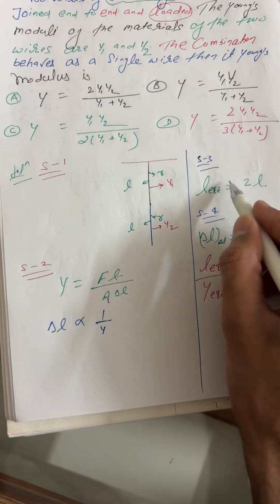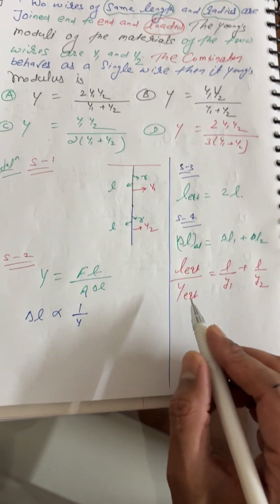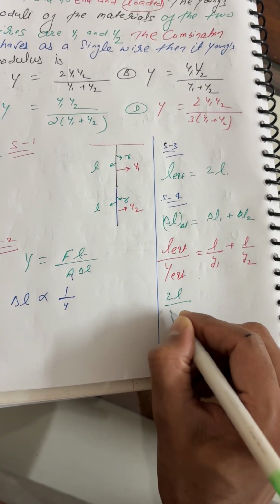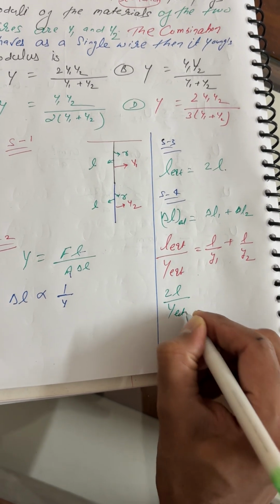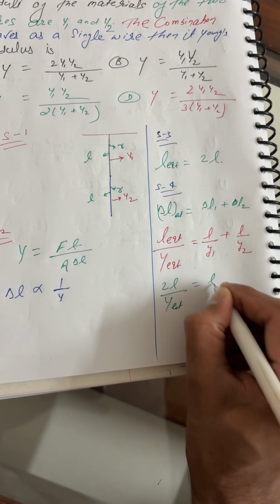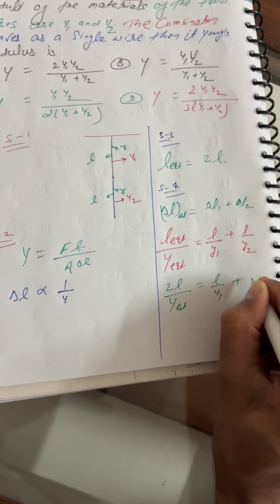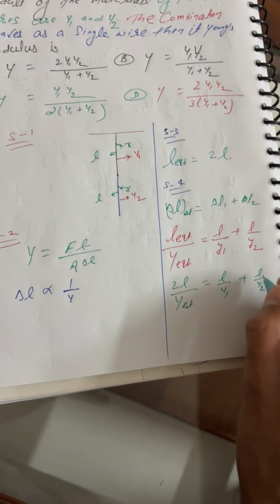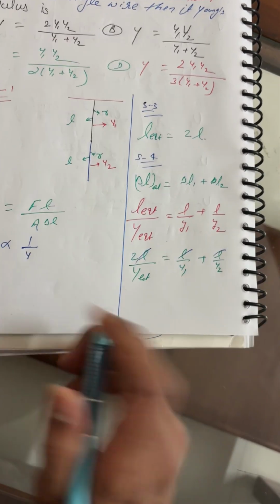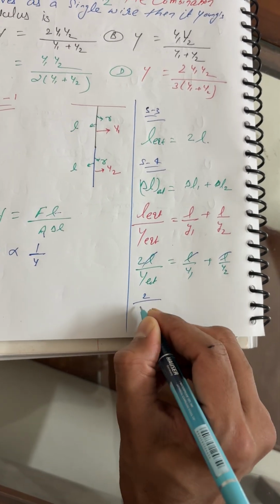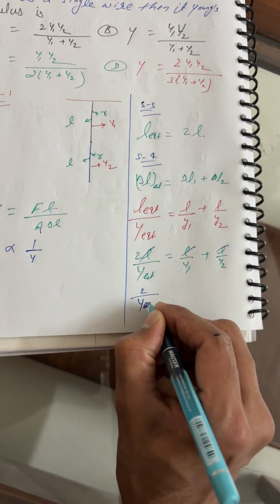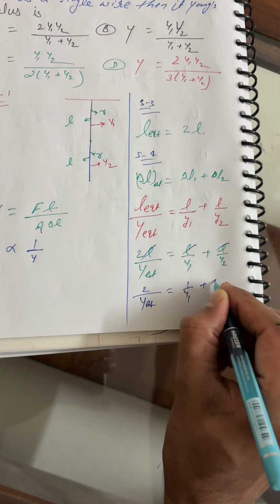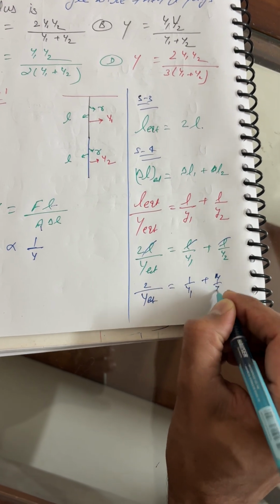L equivalent we already found in step 3, so we feed in these values: 2L upon Y equivalent, which we wish to find, equals L upon Y1 plus L upon Y2. Now L cancels each other, so finally 2 upon Y equivalent equals 1 upon Y1 plus 1 upon Y2.